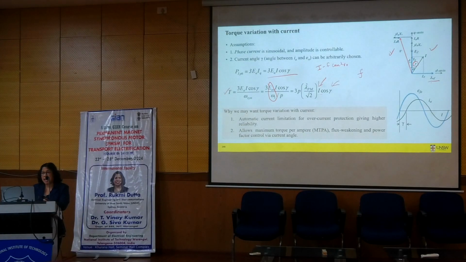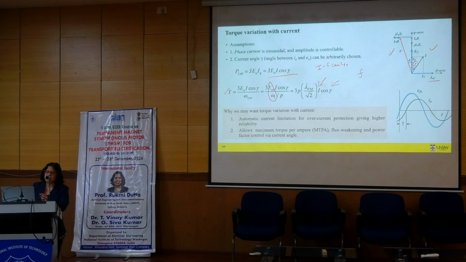In fact, for sensorless control, many times sensorless control doesn't work at zero speed, okay? Because the position is estimated based on the EMF, right? So at low speed you have nearly zero EMF, so you have no way to estimate position accurately.